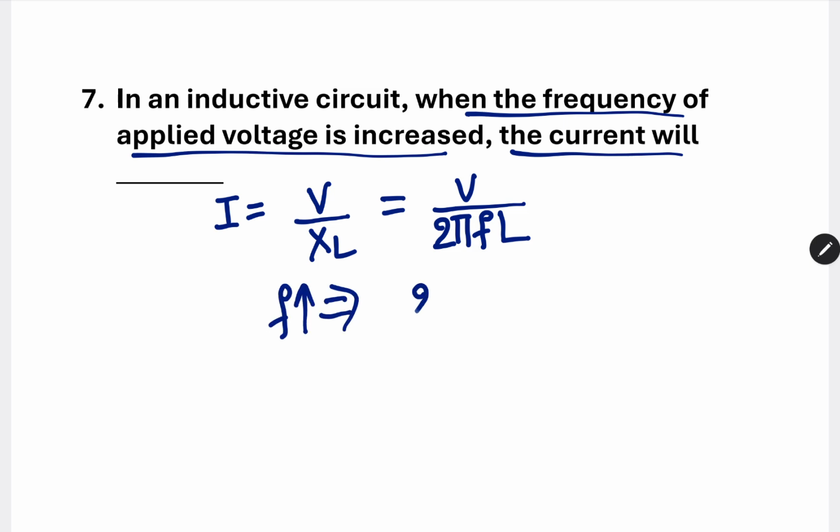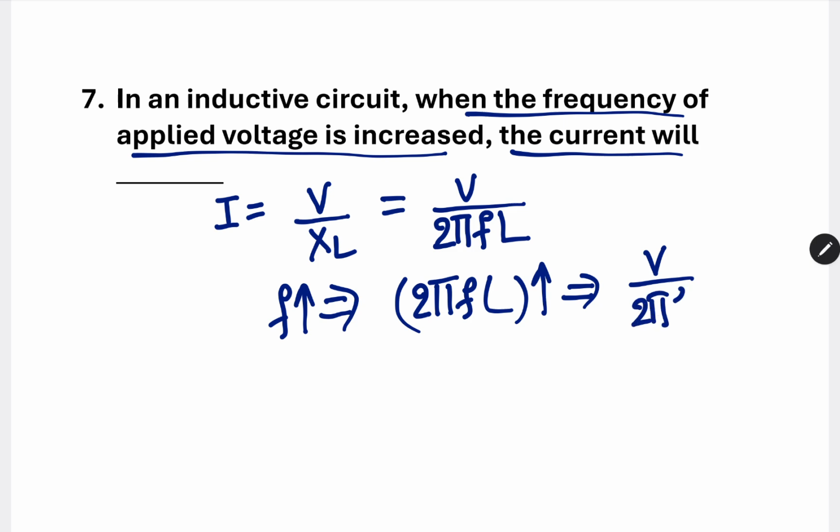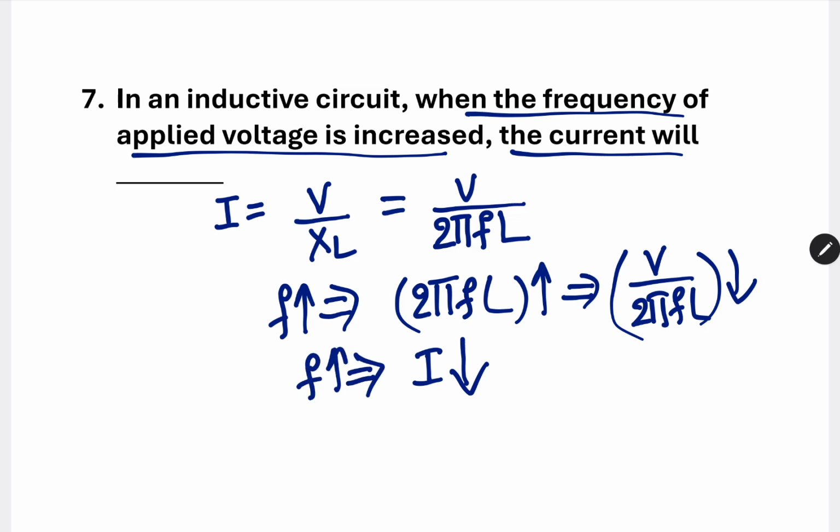F value increases means 2 pi FL value is going to increase. This means V by 2 pi FL value is going to decrease. This V by 2 pi FL is nothing but the current. So as the frequency increases, current in the inductor is going to decrease.